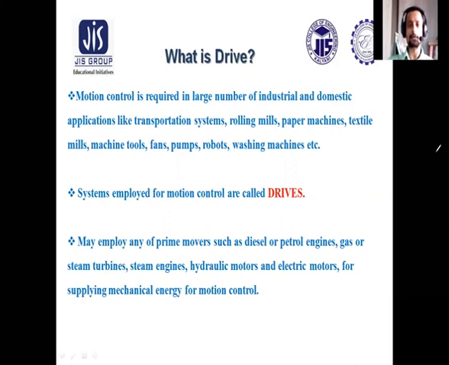To run a process, motors are required. It may be an electric motor or a hydraulic motor. It may be any kind of motor.